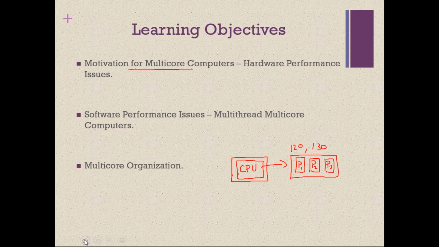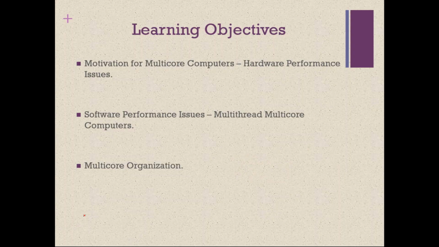What is the need for multi-core computers? Basically, there are some hardware performance issues with respect to the normal microprocessor. Here, microprocessor means a chip with one processor, which we are calling a normal processor.